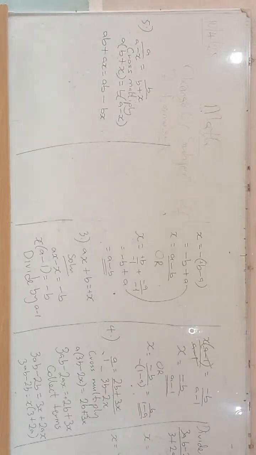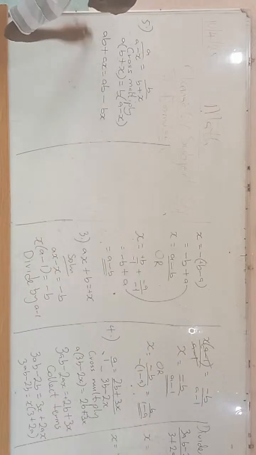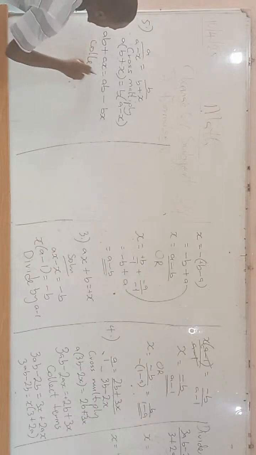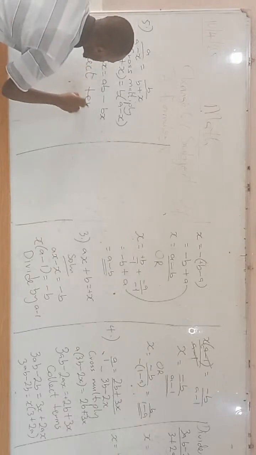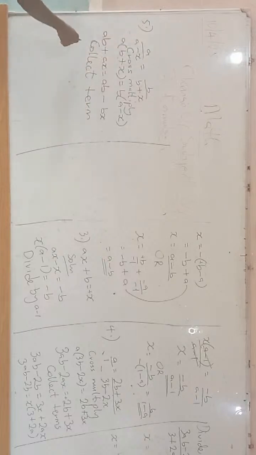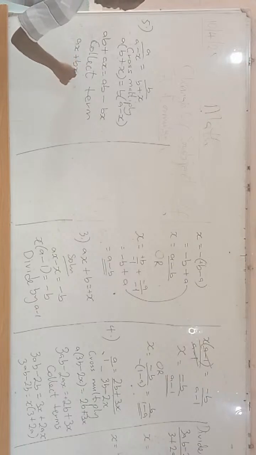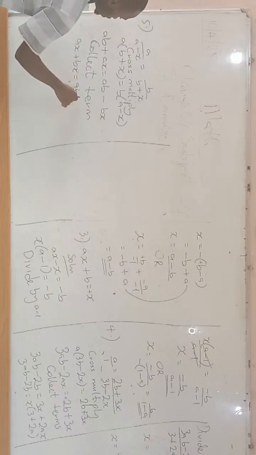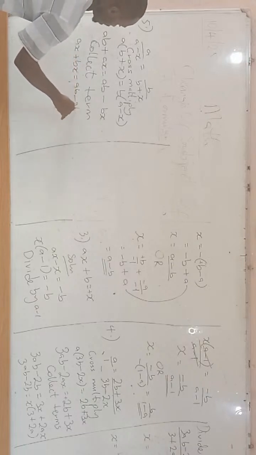The next thing you want to do, who can tell us? Collect like terms. Okay, so that gives you ax plus bx equals ab minus ab.